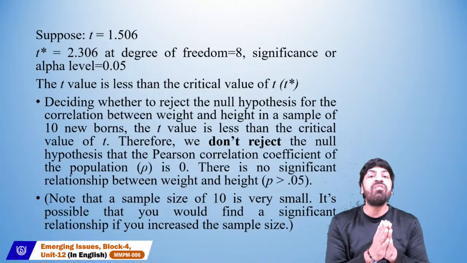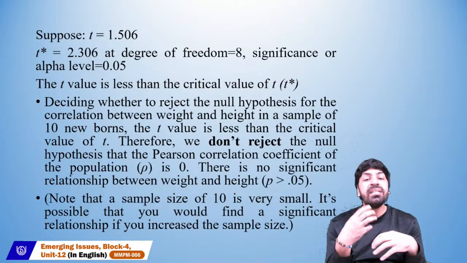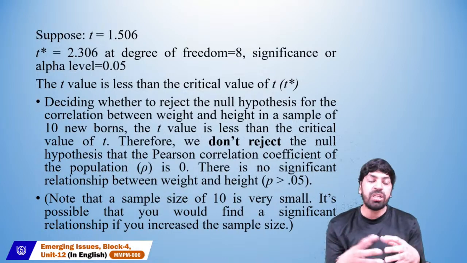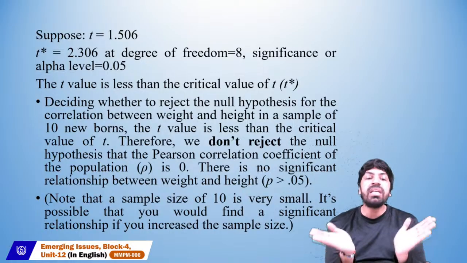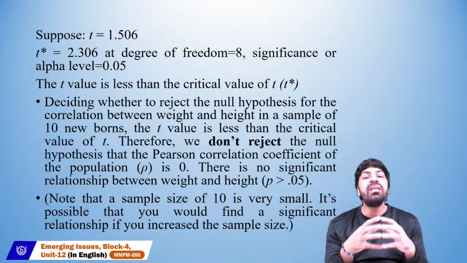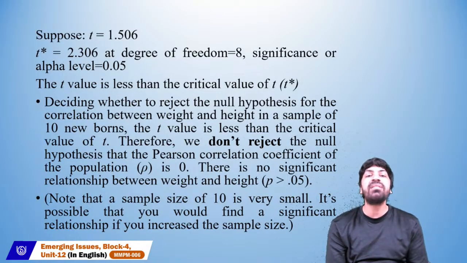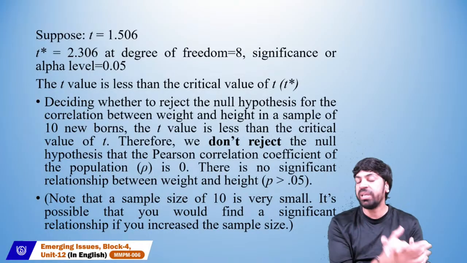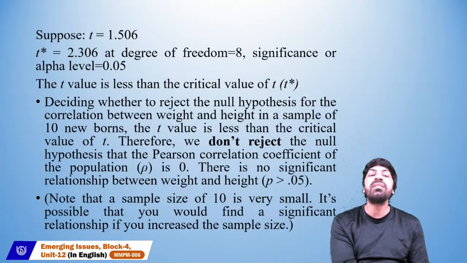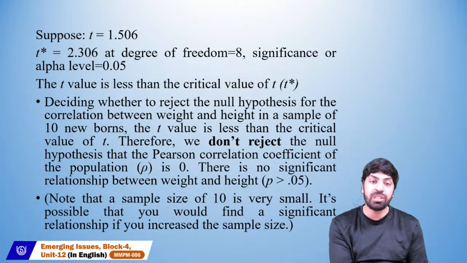That means there is no significant relationship between the two variables, weight and height. The sample size of 10 in this example is very small, and if the sample size were increased, we could definitely find a significant relationship.